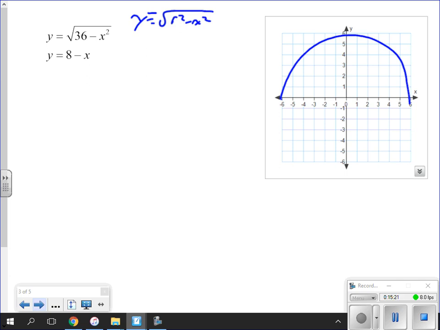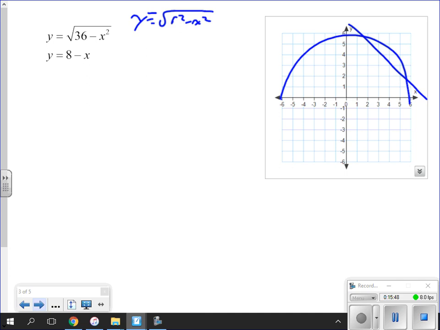And then you've got a line going there. Now, I'm not sure how accurate my line is. Does it cross? Does it touch? Does it miss? How many solutions could I have? At the most, I could have two, because at the most, I could cross it. I could have none. I could also have one solution, if the line is tangent to the curve and touches in one place.